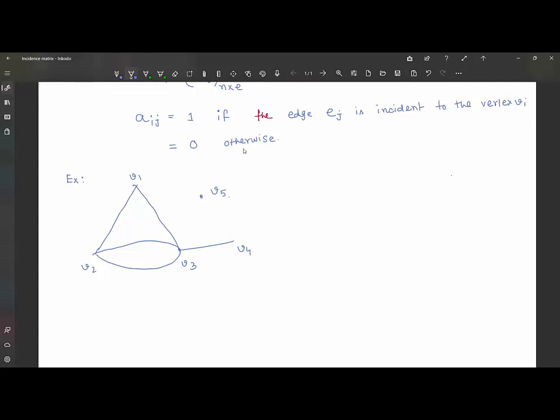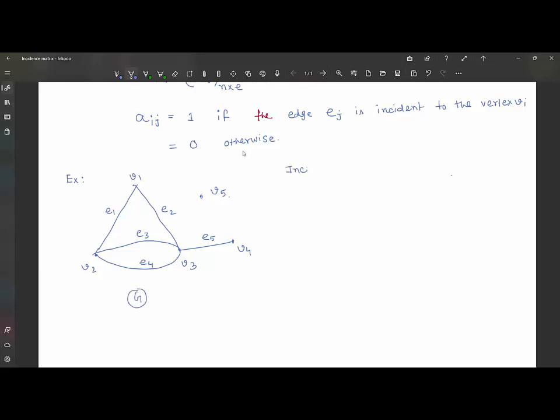This is one isolated vertex and this is one pendant vertex of degree 1, and for the other vertices here the degree is 3, here also 3, here 2. Now we are giving the edges: this is E1, suppose this is E2, this is E3, this is E4, and this is E5. Now to determine the incidence matrix of this graph, we denote it by M, and this is the graph G.